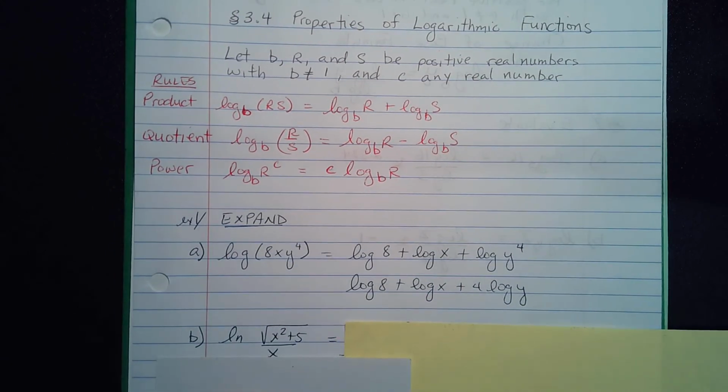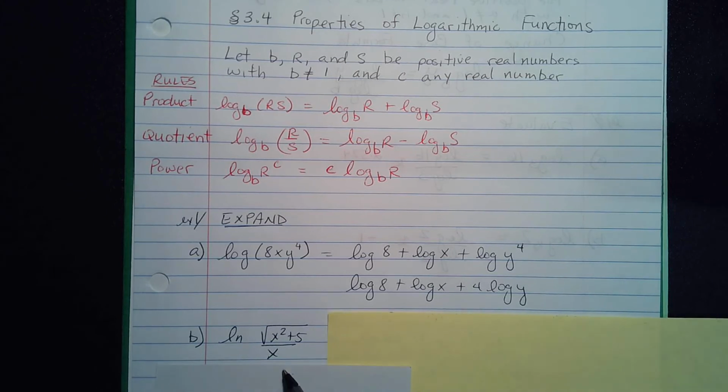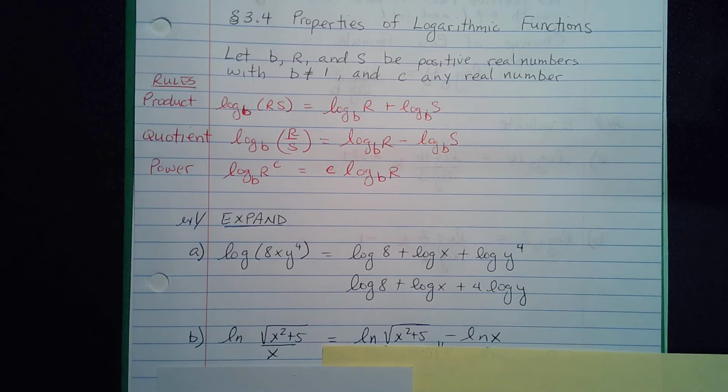Alright, example B. Here you see there's a quotient. So to expand a quotient, we have to subtract numerator minus denominator. So there's your natural log of the numerator minus natural log of the denominator.